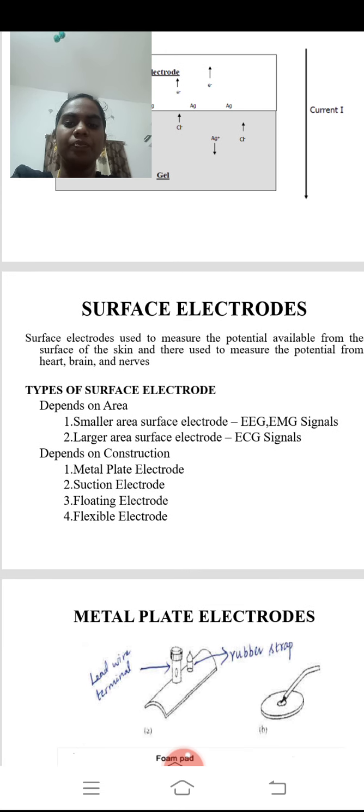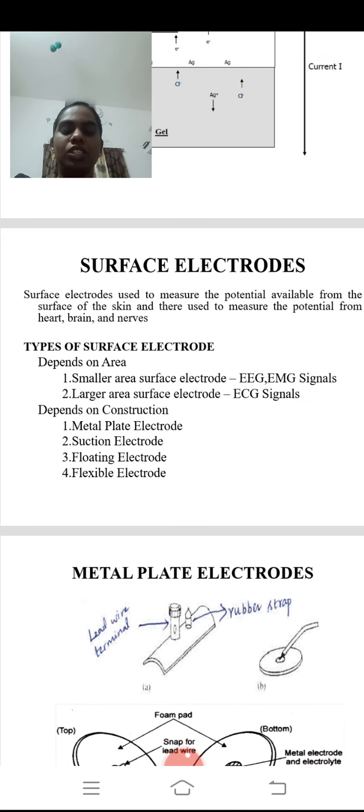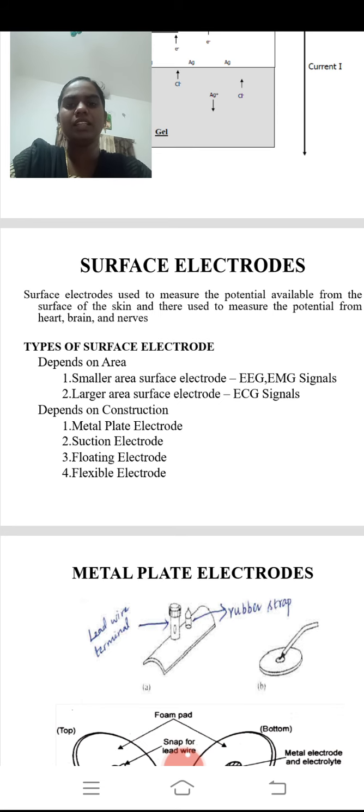In this video I am going to explain surface electrodes in full, and in the next videos I will explain needle electrodes and microelectrodes. Each and every electrode has an equivalent circuit. In the equivalent circuit calculation, the voltage developed is also calculated.